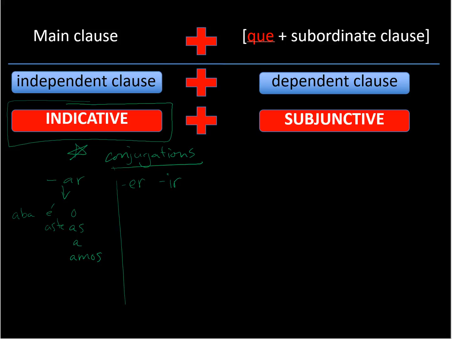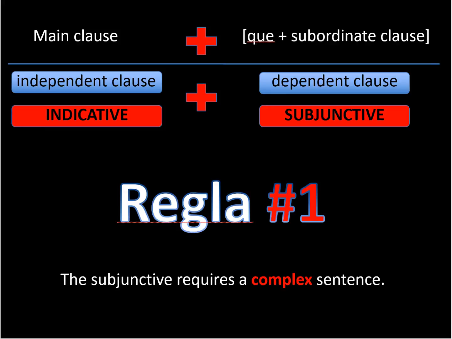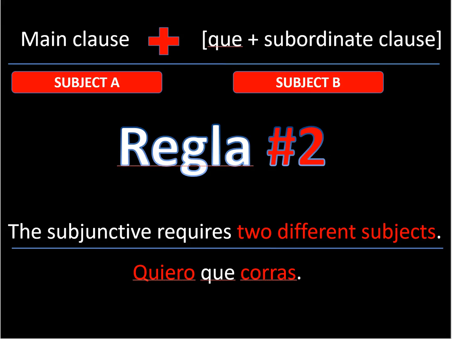Now, what we're learning today, the subjunctive, is going to be in this part. It's going to be after your que. Now, rule number 1. The subjunctive requires a complex sentence. So, we nailed down a complex sentence. Rule number 2.